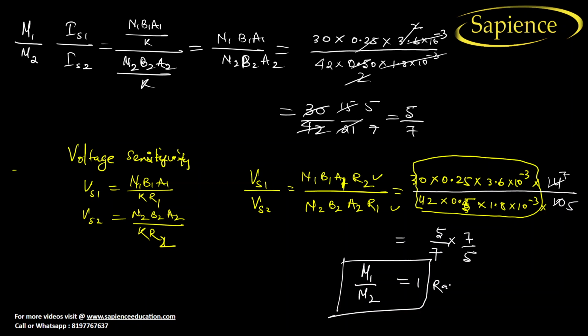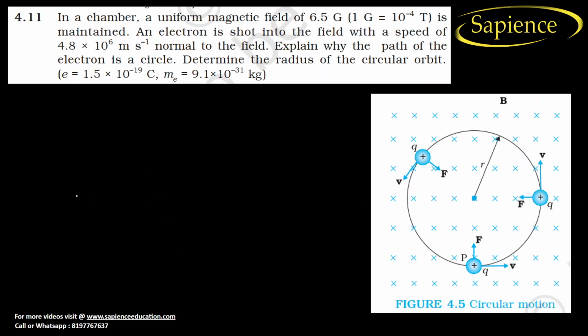This is the ratio of voltage sensitivity, and this is the ratio of current sensitivity, 5 by 7, that is equal to current sensitivity. Right. So let's go for the next one.